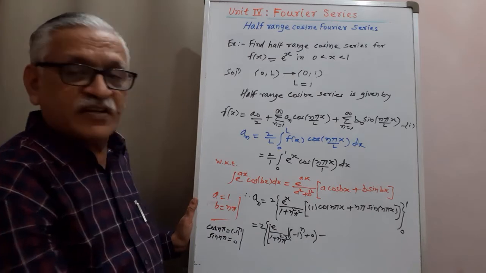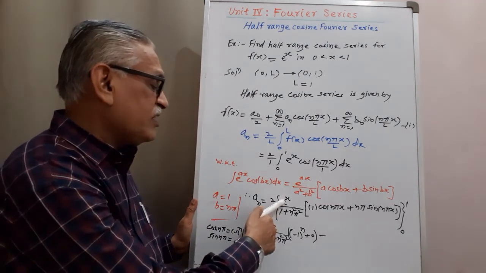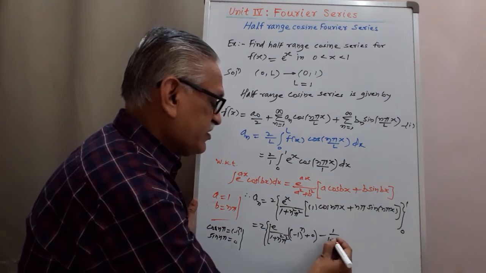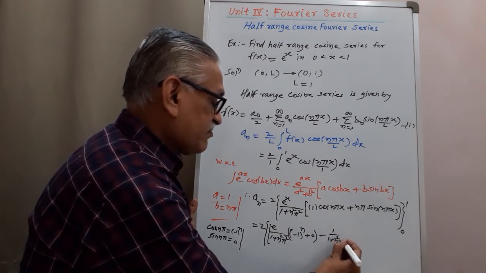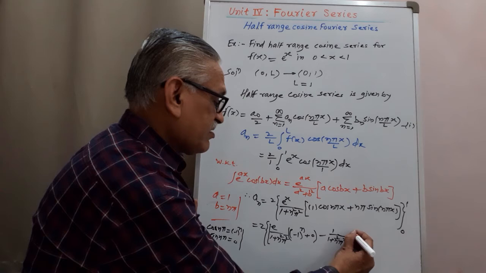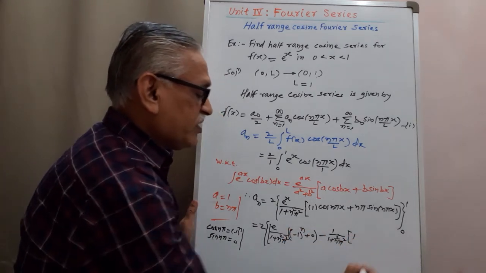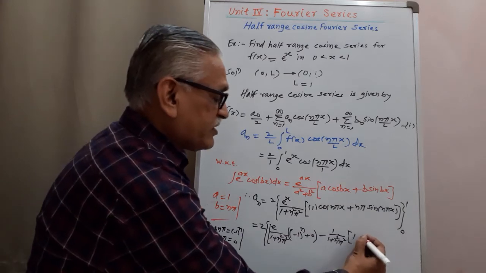Then minus, when the lower limit x is 0, we get e raised to 0 means 1, divided by 1 plus n square pi square, multiplied by cos 0, which is 1, and sin 0 is 0, so that term becomes 0.